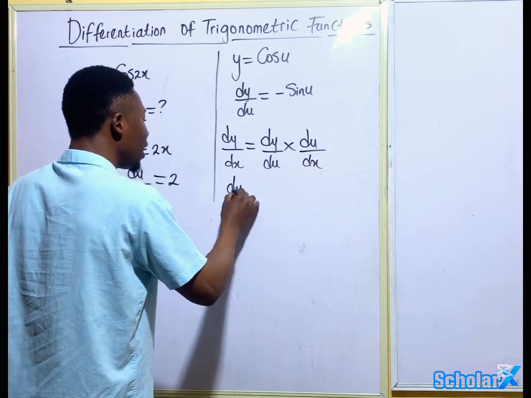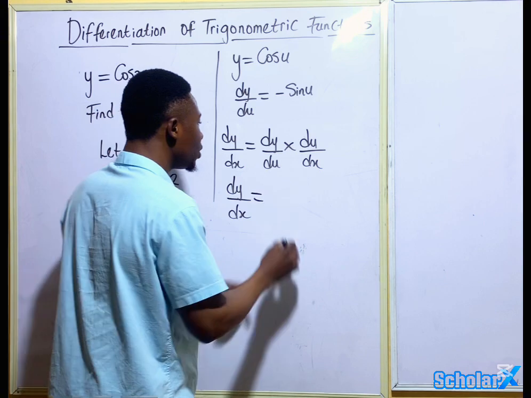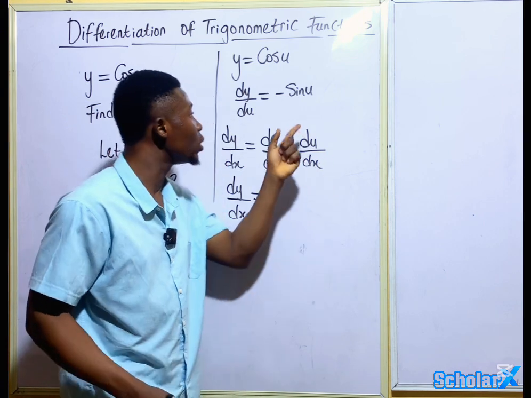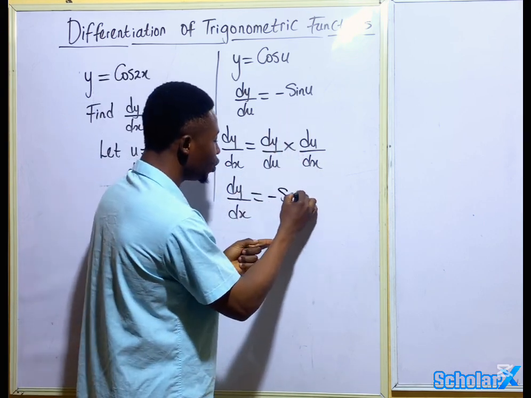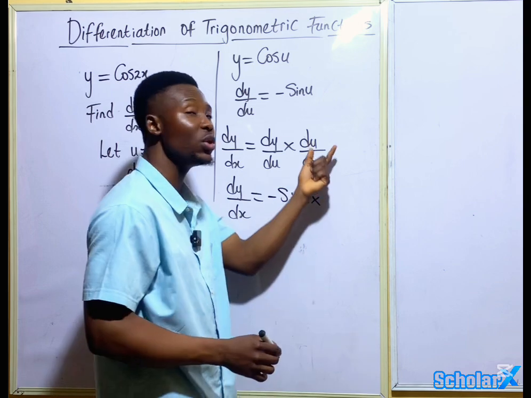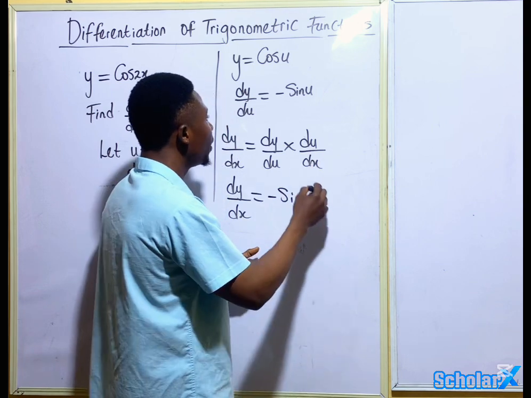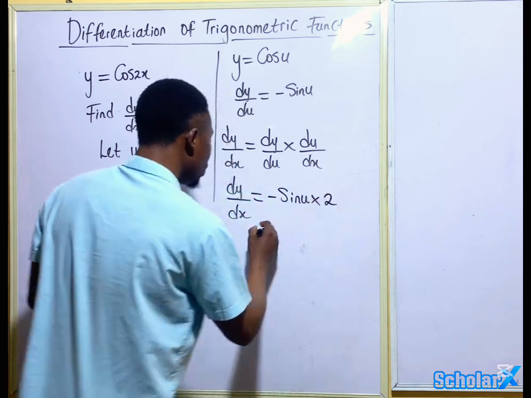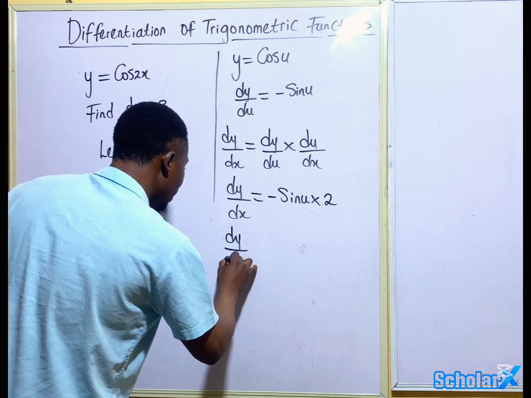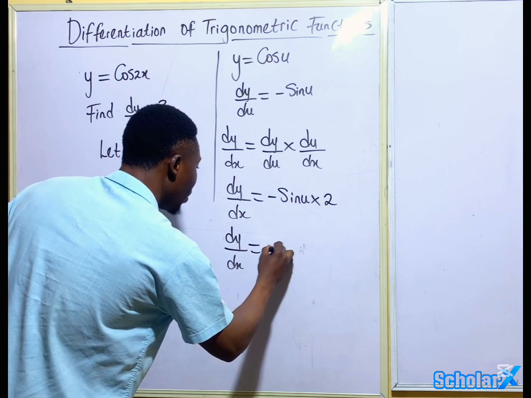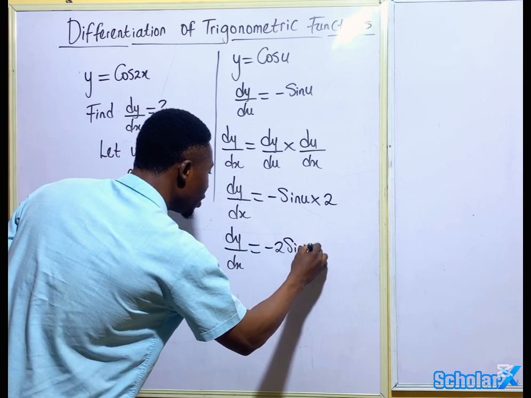So your dy/dx is going to be equal to your dy/du, which is minus sine u, multiplied by your du/dx, which is 2. So dy/dx is equal to minus 2 sine u.